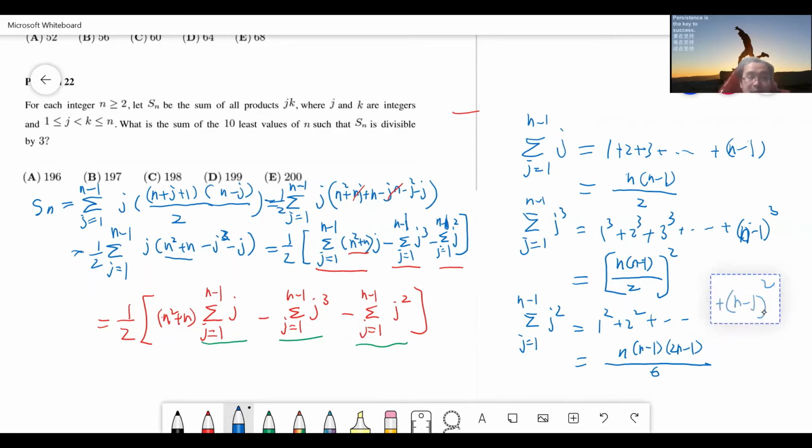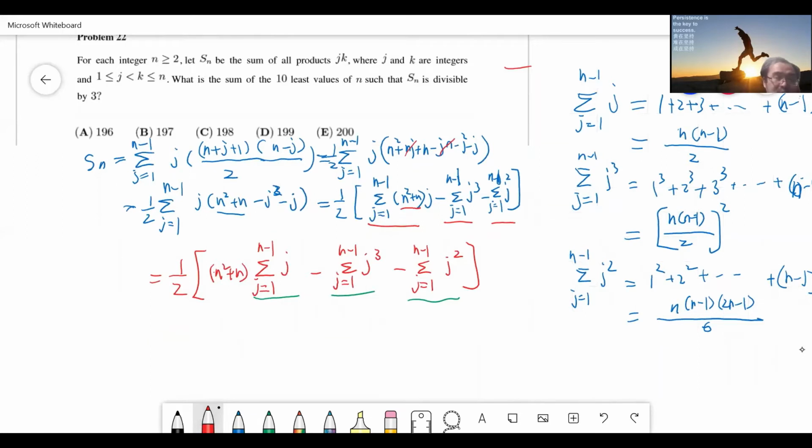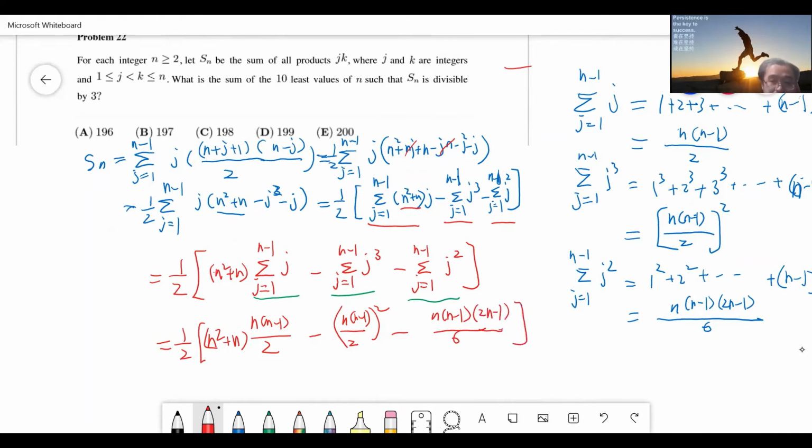Right, so I think we just need to plug in here and simplify these expressions. Once we plug in, this is going to be 1/2 times n squared plus n times half of n times n minus 1, minus half of n times n minus 1 squared, minus n times n minus 1 times 2n minus 1 over 6.